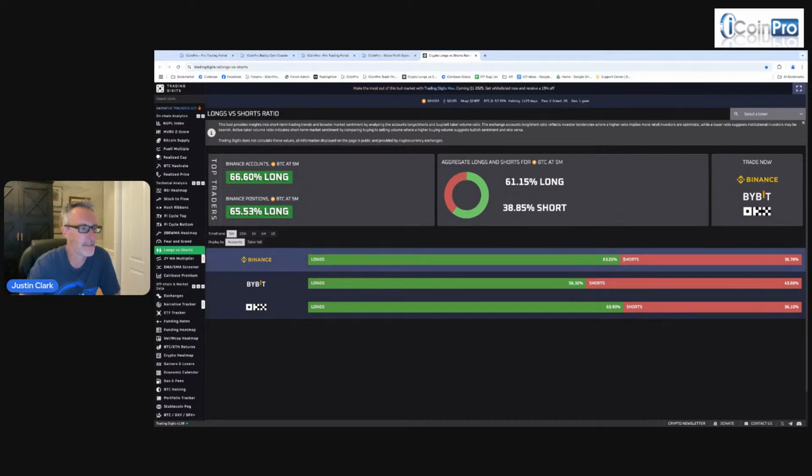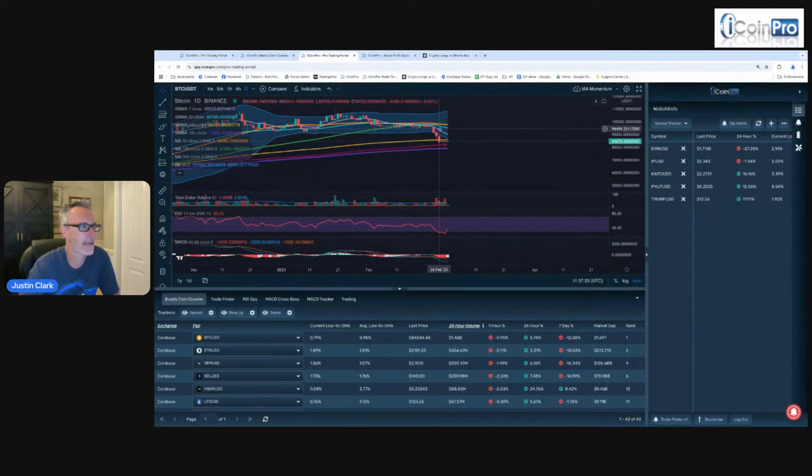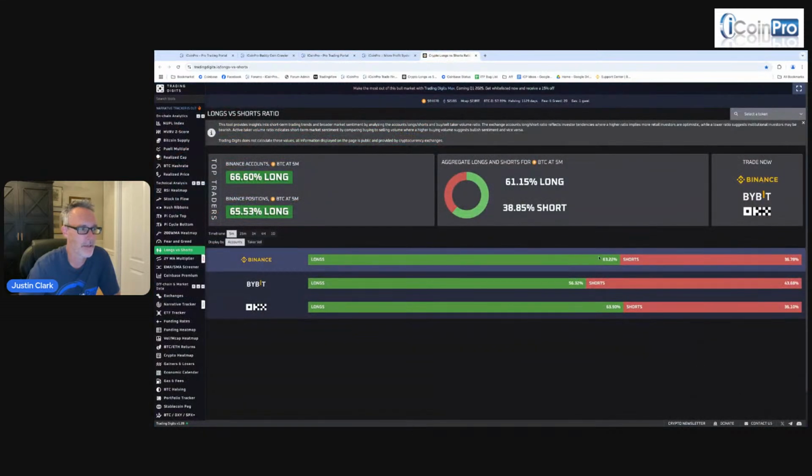So right now we moved to 63.36-ish and change. So we're out of the 70% plus danger zone, which when it gets that high, it can cause more dramatic downward movement, potentially. Of course, we can also bounce.